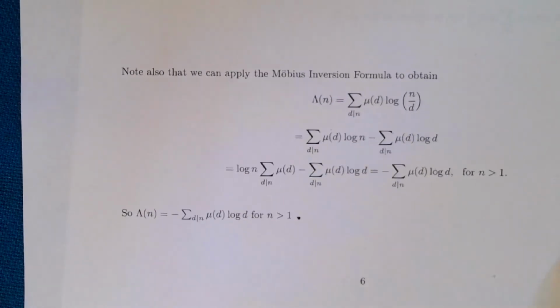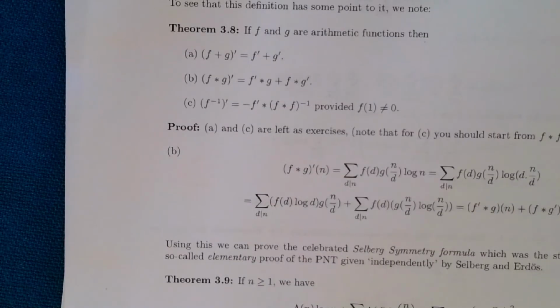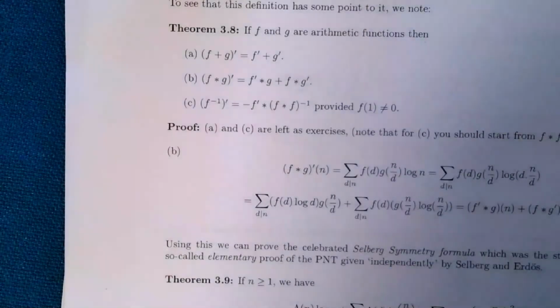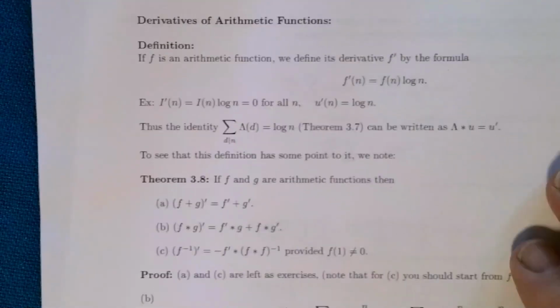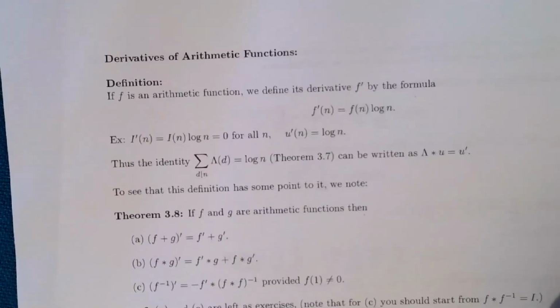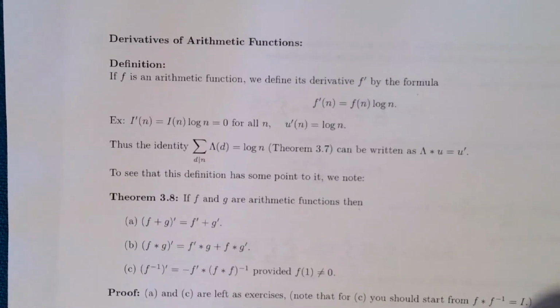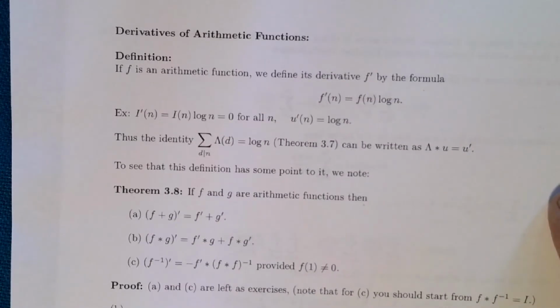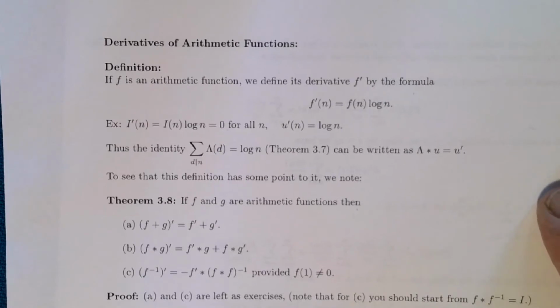Well, there are a lot of other things one can do, can play around and get other identities for these things. I want to move on to what I'm going to call the derivatives of arithmetic functions. Do not confuse these with ordinary derivatives, but I'm going to use the dash notation for reasons that will become apparent.